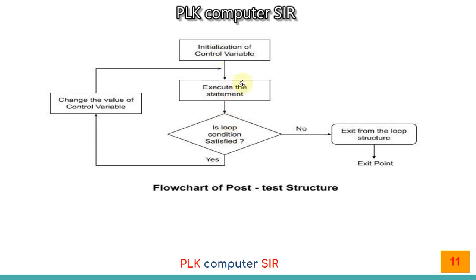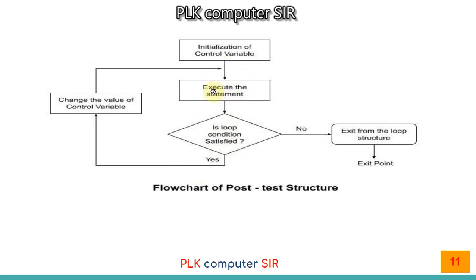That's why it is called post-test. Means at first it will display the statement, then only it will come to the checking point here. Okay, if it is satisfied, then the value of the counter or control variable will be changed, and it will repeat it until the condition is no longer satisfied.